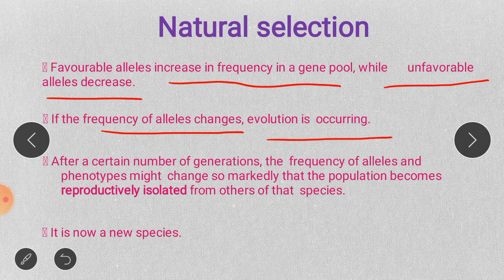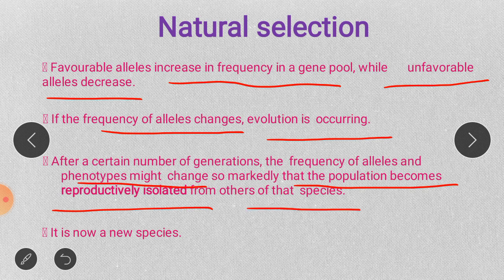After a certain number of generations, the frequency of alleles and phenotypes might change so that the population becomes reproductively isolated from other species. So after a few generations, you will get only a population of green caterpillars. The blue caterpillar is completely extinct from that population, so now you will get a new species.